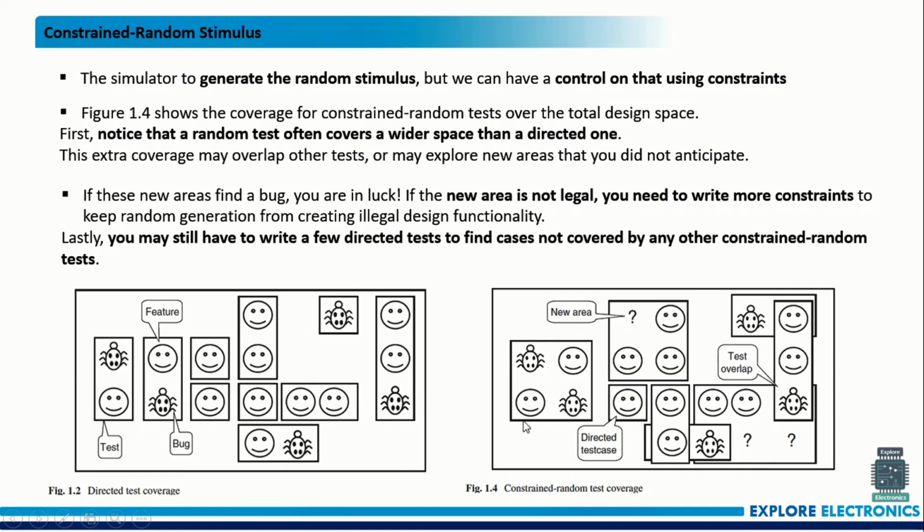Here the boxes indicate much area is covered, and there might be a chance of going into a new area also. If that new area does not come under our constraint, we need to write more constraints for the randomization, and we can avoid those areas also. That is where constraints are helpful.